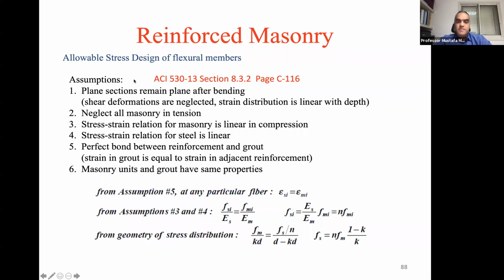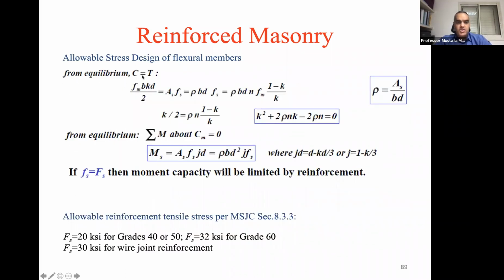Okay, from equilibrium, tension equals compression, we can equate the forces. The area of steel is equal to the reinforcement ratio rho times BD, like concrete, and then we can substitute that in the equation, and we will have this relationship. Now, further simplifications, we have K over 2 equals this relationship.